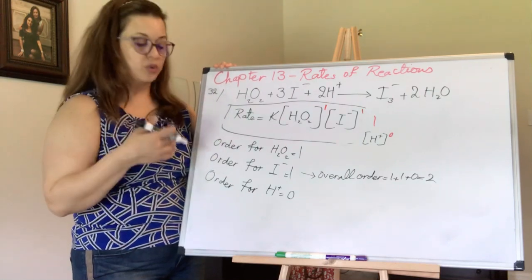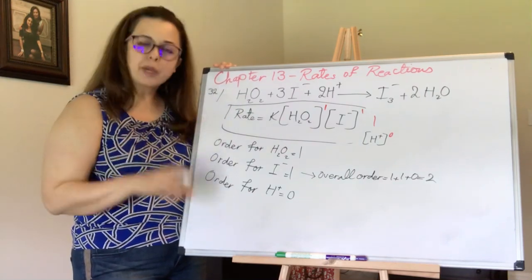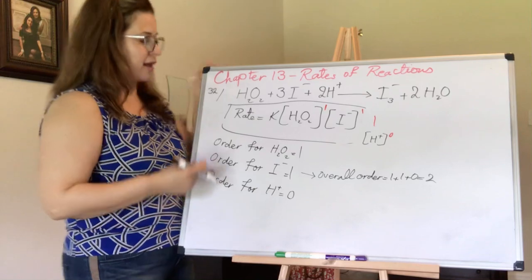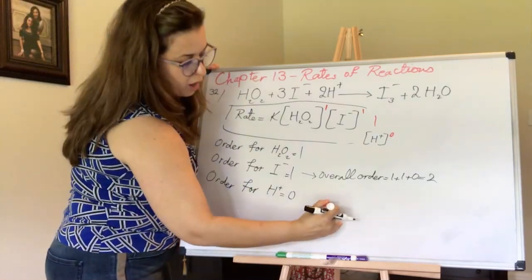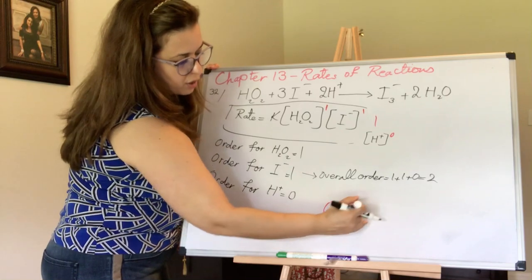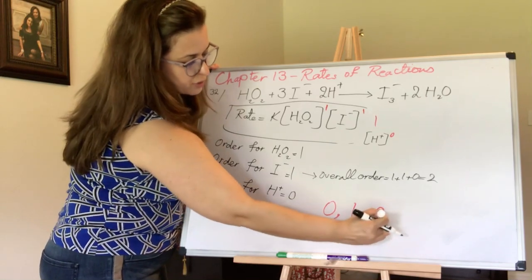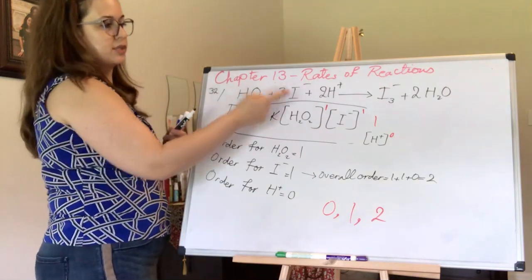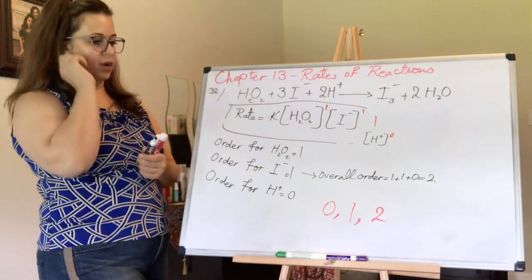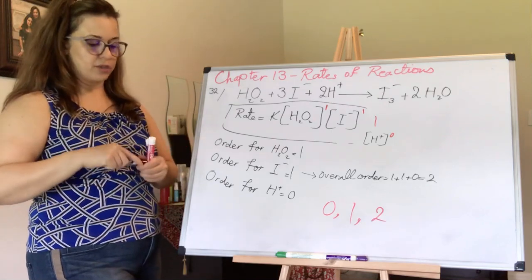That's what 0th order means. And we will talk about the orders of the reactions again. So far, just to let you know that we work on 0th order, 1 and 2 only. We do not make it more complicated. So the orders that you see on the reaction are 0, 1, and 2.